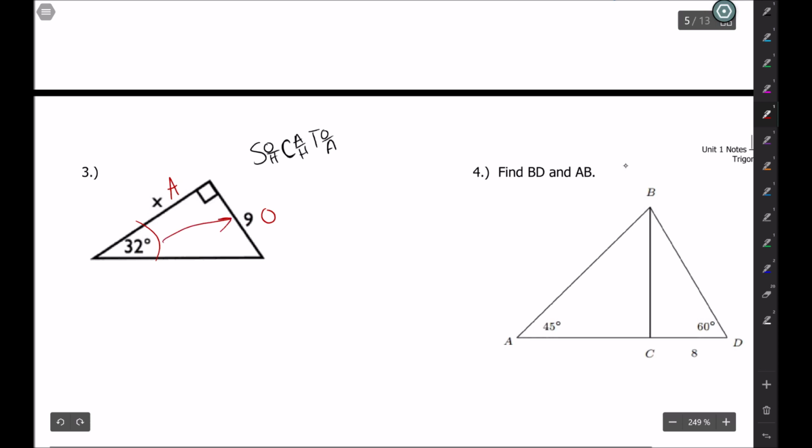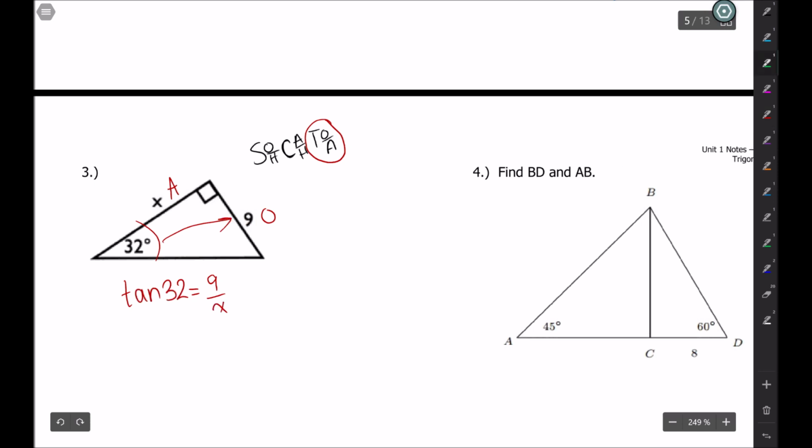So right here, we're going to decide, are we going to use sine, cosine, or tangent? Again, we're going to use tangent because tangent consists of the ratio between the opposite and the adjacent. So it's always tangent of an angle, this time the angle is 32 degrees, is equal to the opposite, which is 9, over the adjacent, which is x.